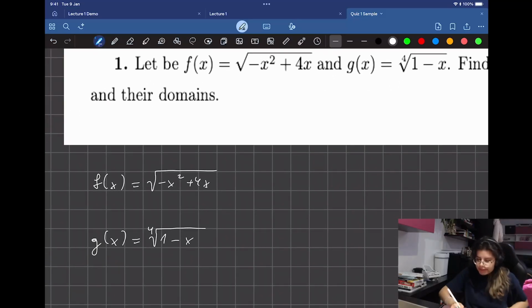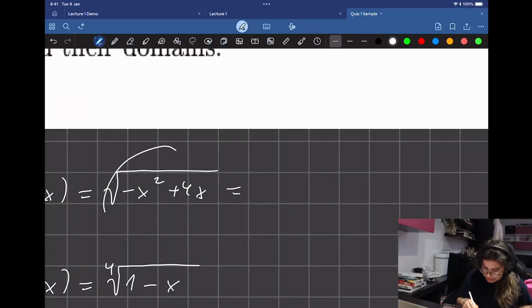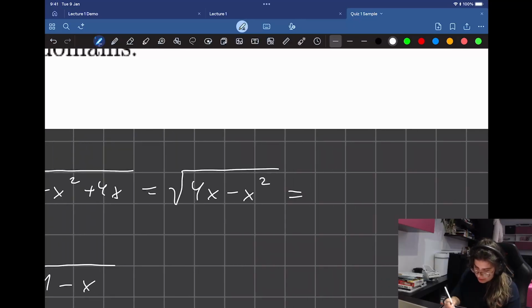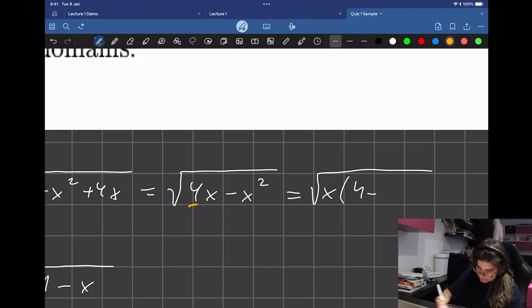Okay, so let's start by simplifying. Let's check if we can simplify this. Firstly, I don't really like having a negative term at the front, so I would swap the places of these two. It would be 4x minus x squared, like that. And then I can take out one x at the front, and I'm left with 4 minus x.